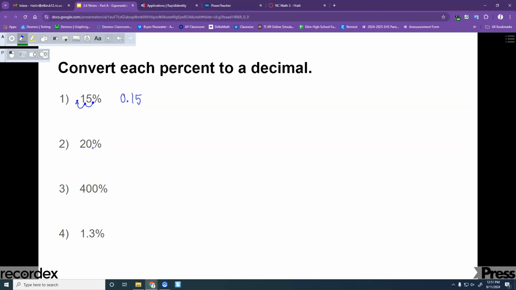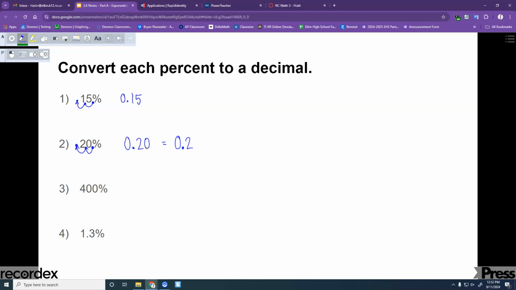For number 2, the decimal is at the end of the number, so we move that decimal 2 places, and it would end up right here, so we get 0.20. This 0 at the end is unnecessary, so you might also see it written like this. Both of those are equivalent.